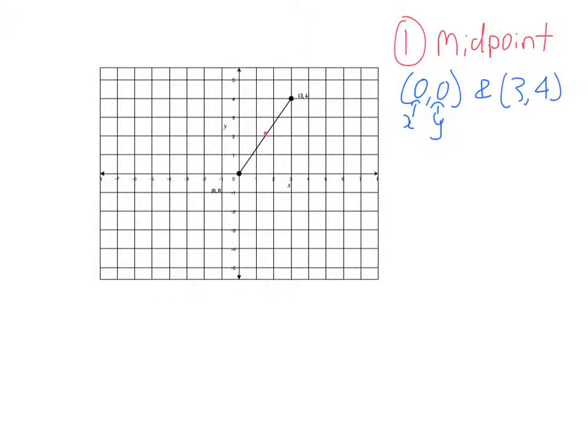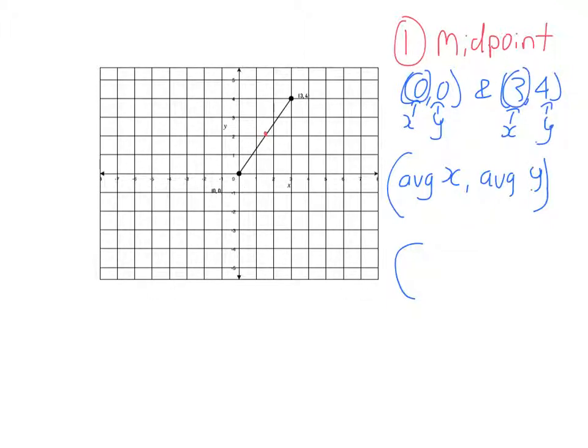So the midpoint is going to be a point, so it's going to have 2 coordinates: the average of x values and the average of y values. To find the average of two numbers is really easy, you just add them up and divide by 2. So first I add the 2 x-coordinates. x is always written first, so the 2 x-coordinates are 0 and 3.